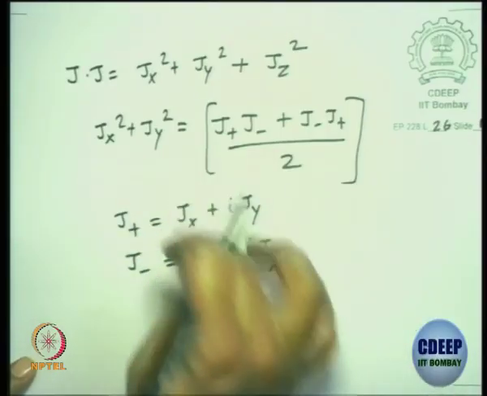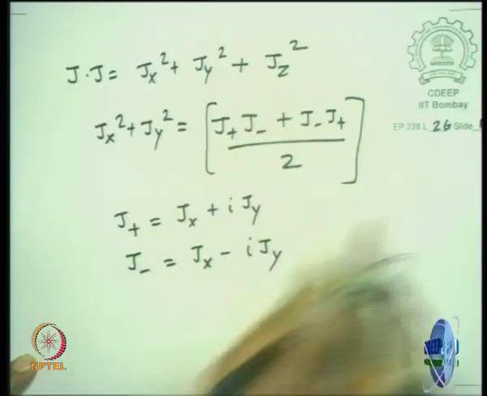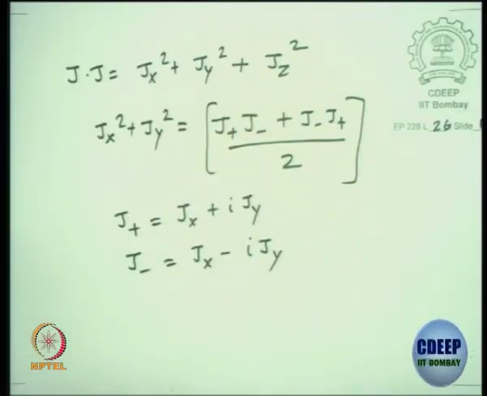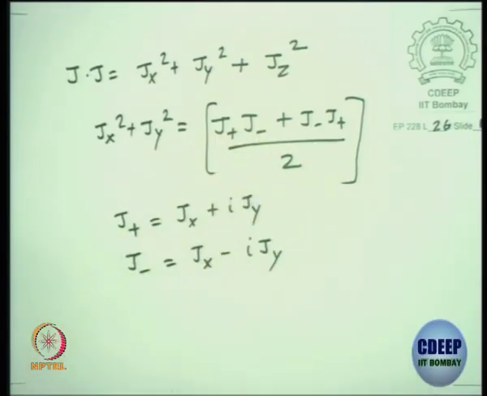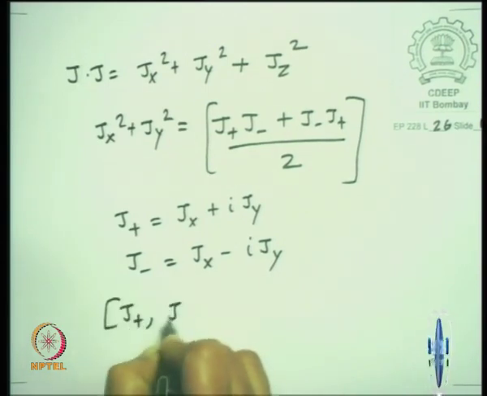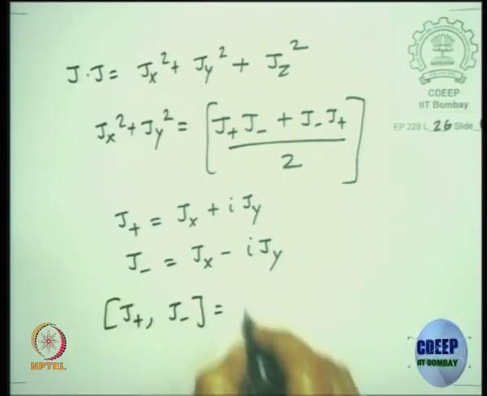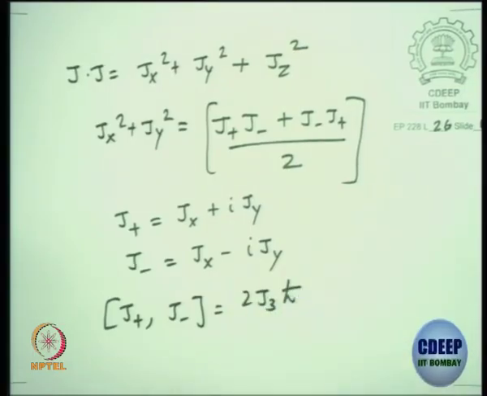Classically, you could have just written it as a product. Quantum mechanically, you have to symmetrize it so that it takes care of the fact that J plus and J minus don't commute. So you've seen that the commutator of J plus with J minus is twice J3 h cross. Maybe I missed the h cross there, I should put the h cross.